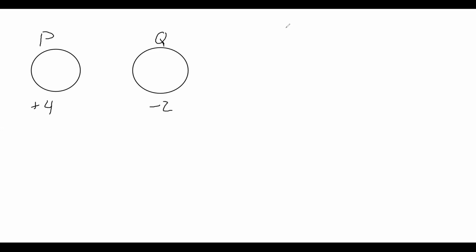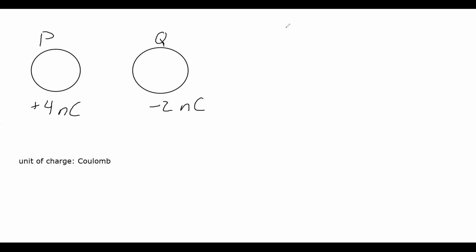Now, I haven't introduced it because we haven't talked about Coulomb's law yet, but the unit for charge, good place to introduce it, is called a coulomb. One coulomb is a lot of charge.